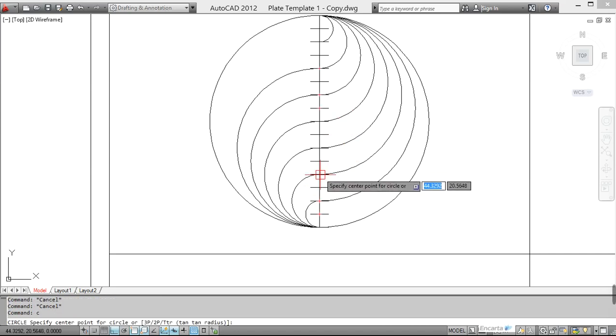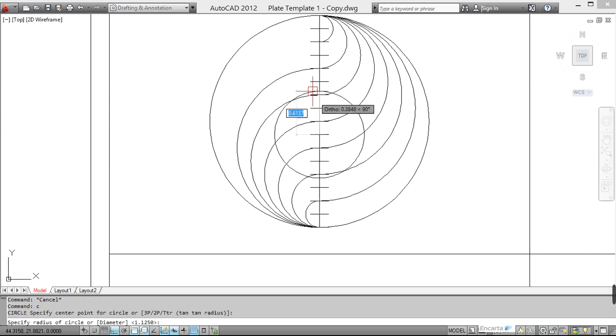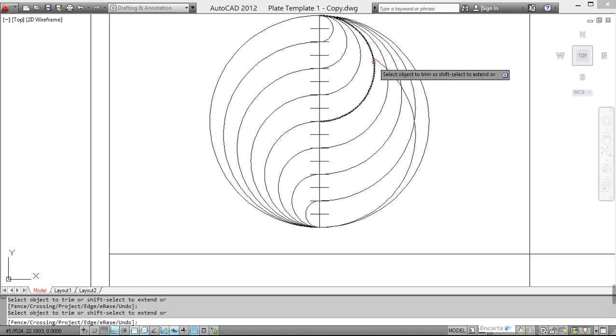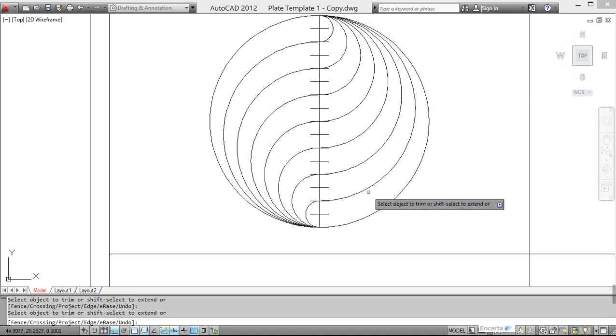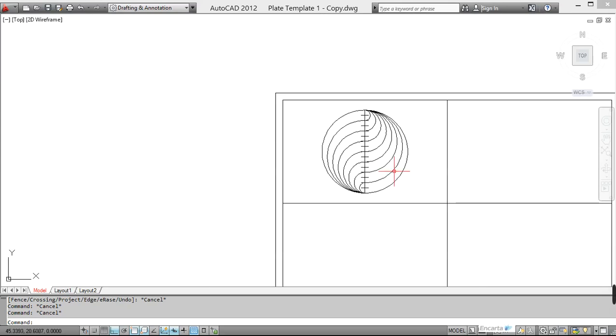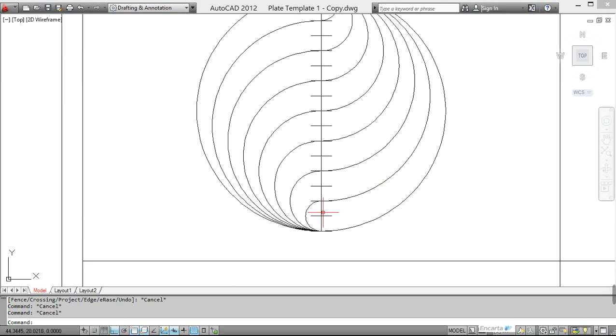Then 2, 4, 6, 7. Okay, that's it. So you may erase these lines since it's not included in the drawing.